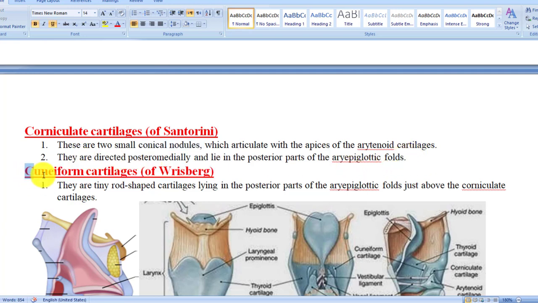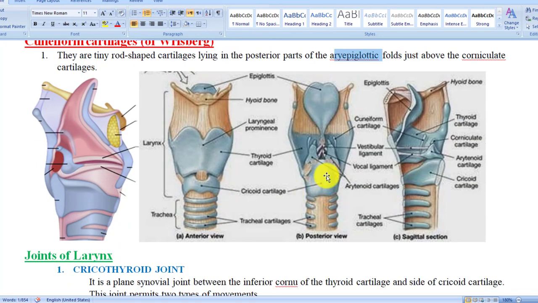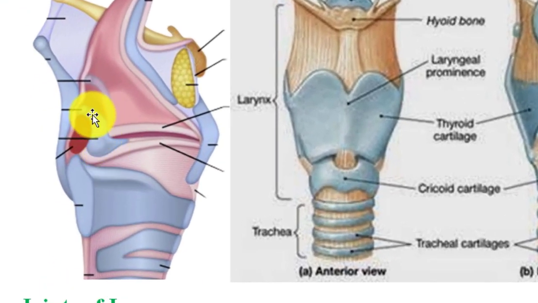Then there are the cuneiform cartilages, or cartilages of Wrisberg. They are tiny and rod shaped. They are a little bit larger than the corniculate cartilages and lie in the posterior parts of the aryepiglottic folds, just above the corniculate cartilages. If you want to see them, this is the arytenoid cartilage, this is the corniculate cartilage, and these are the cuneiform cartilages.